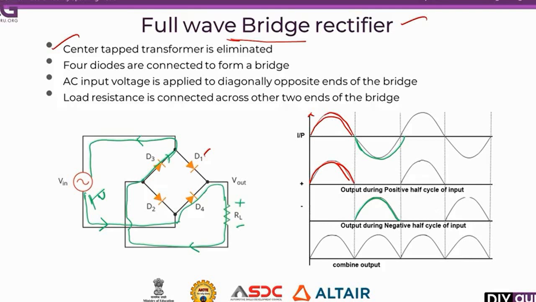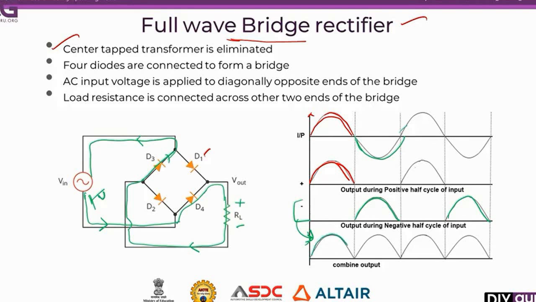Similarly, the negative half cycle waveform repeats, and also the positive waveform repeats. Combining these two, we will be getting the total output, which is similar to that of the full wave rectifier with the center tapped transformer. The only advantage is we have replaced the center tapped transformer.